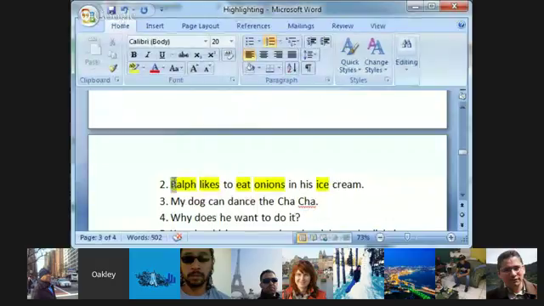Notice when we have two in a row like that. Notice what I'm doing with my pitch. Ralph likes. It could be either. Actually, I'm high pitching the first one. Ralph likes.